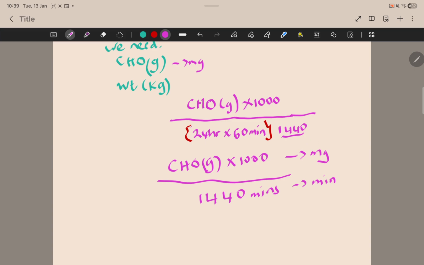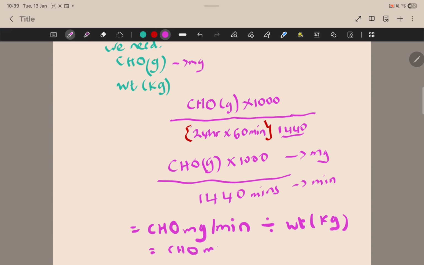Once you have this answer in milligrams per minute, you then divide by the weight in kilograms, which gives you the amount of carbs in milligrams per kilogram per minute.